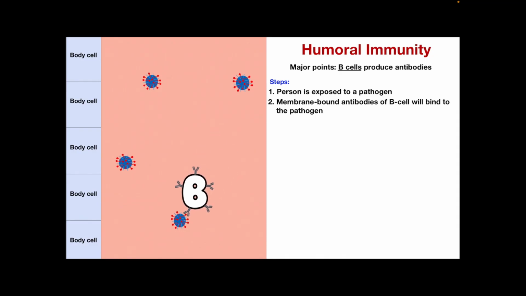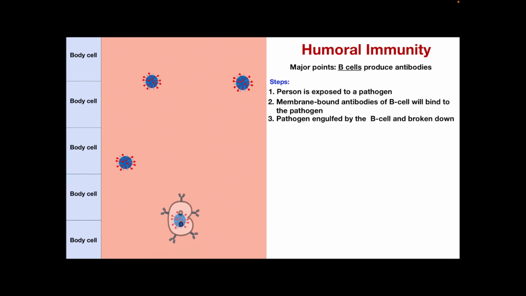Next, the pathogen will be engulfed by the B cell and broken down. After the antigen has been broken down, the antigen of the pathogen will be presented on the surface of the B cell.